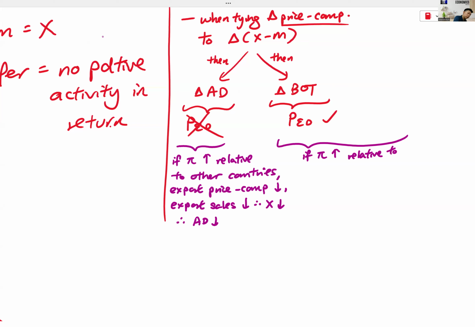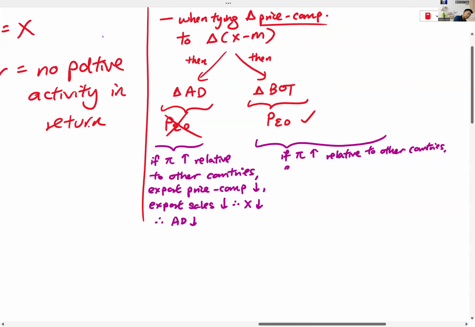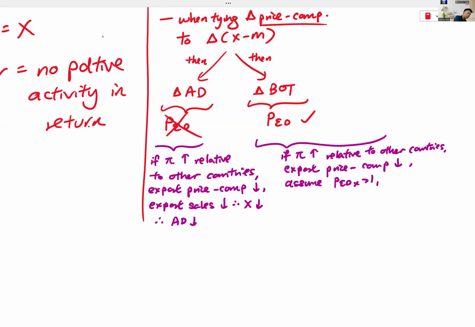Same thing, same trigger. If inflation rises relative to other countries, export price competitiveness falls, assuming PEDX exceeds 1, quantity demanded falls more than proportionately to the rise in price.